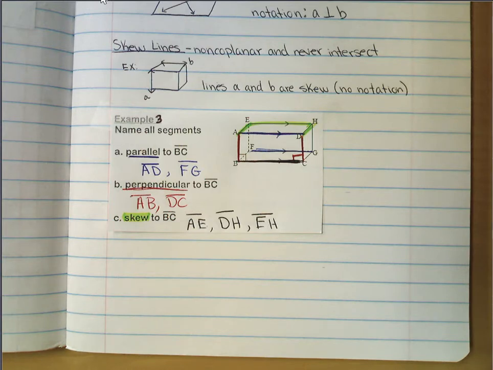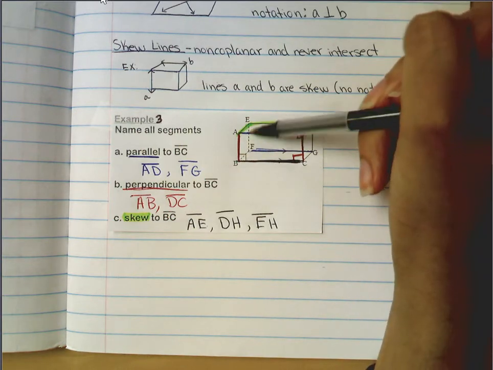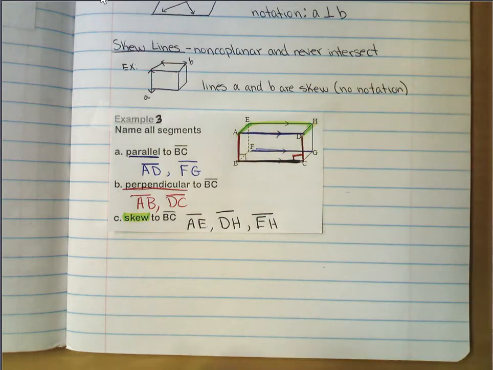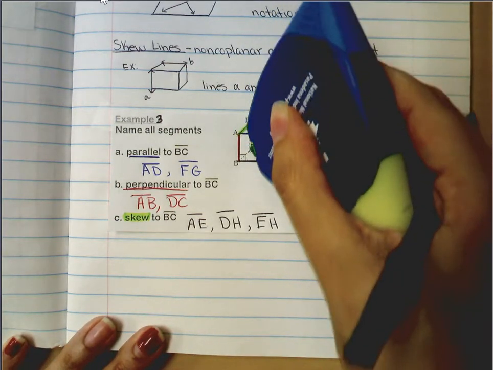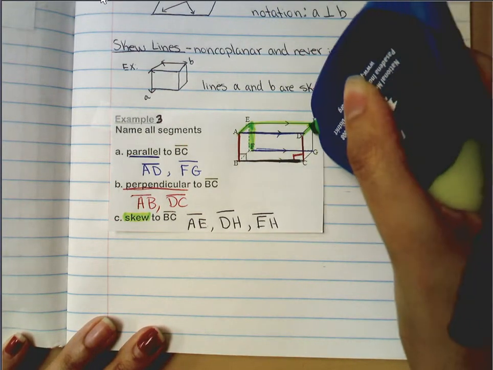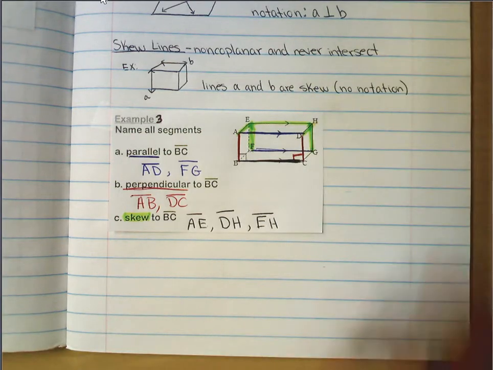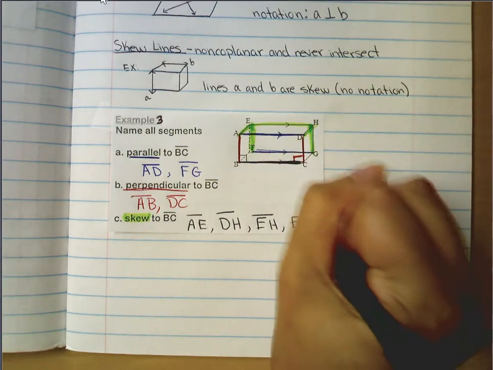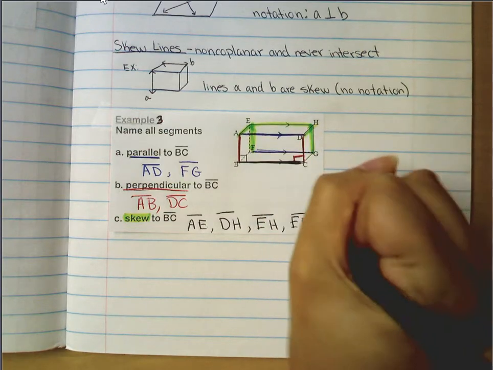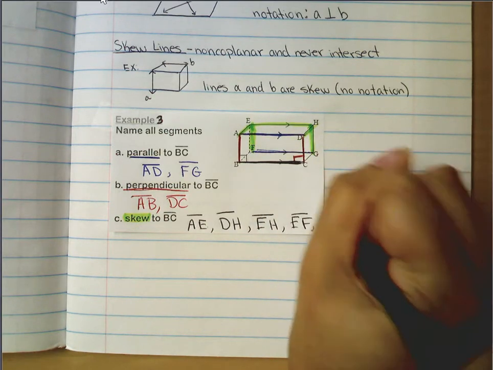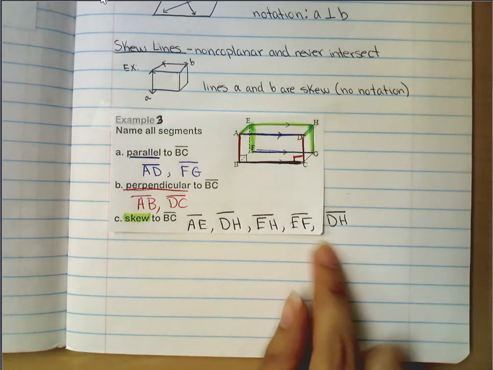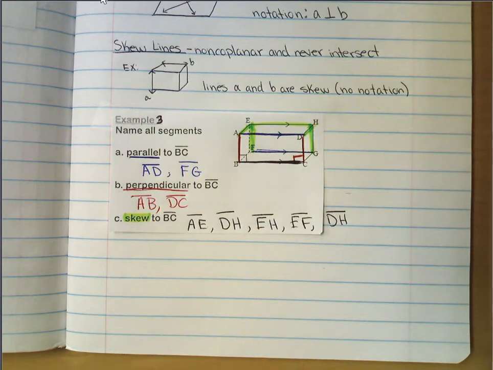And then we also have EF back here. EF and HG. They're on different planes. They never intersect BC. That's 1, 2, 3, 4, 5.